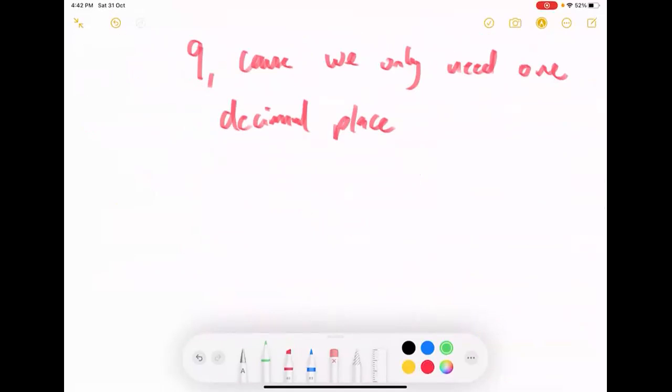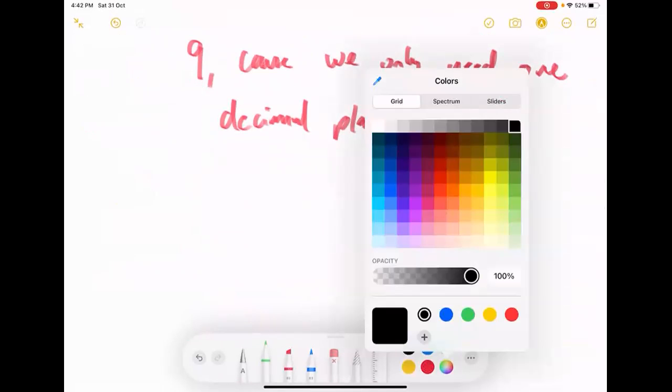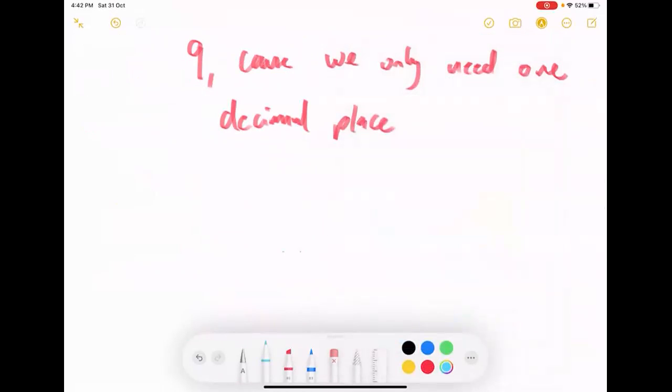Do you know what an inequality is, guys? So we will call it x, 3.1, call it x, and x can be anything from 3.05.